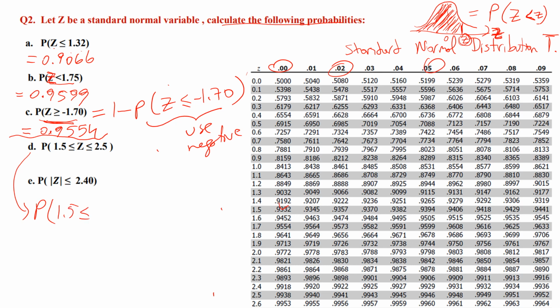Now let's look at this question here. This value can be calculated. If there's an interval here, we have to calculate the probability that z is less than or equal to 2.5 minus the probability z less than or equal to 1.5. So we check this one.